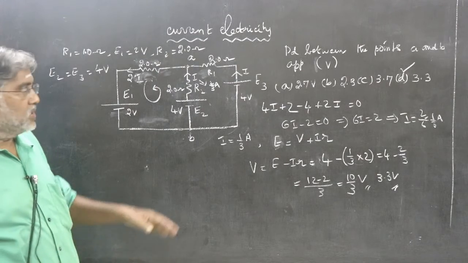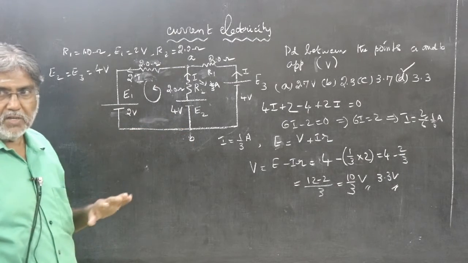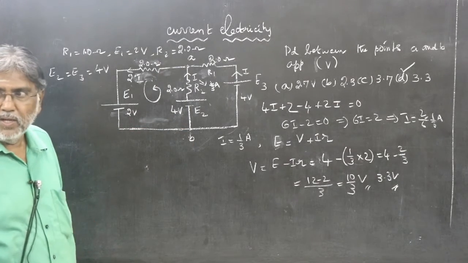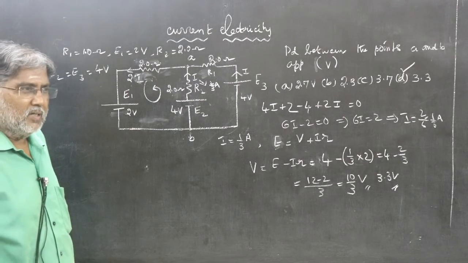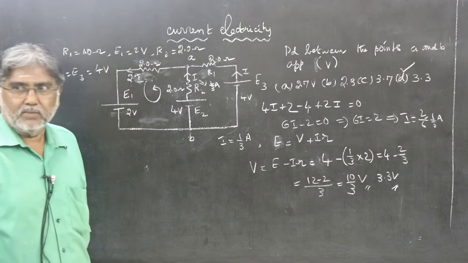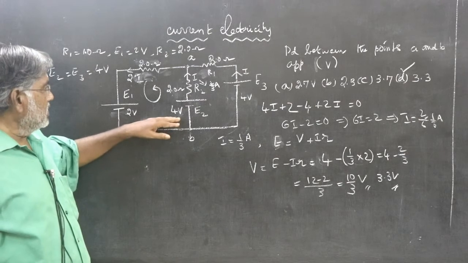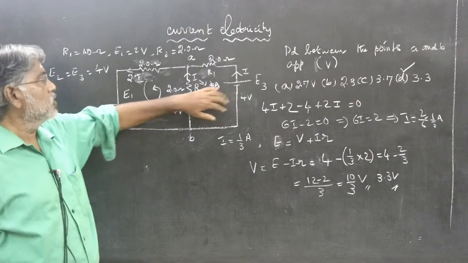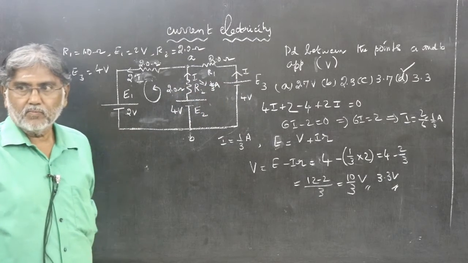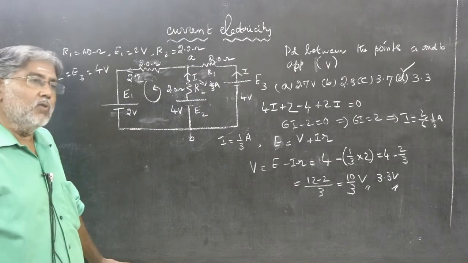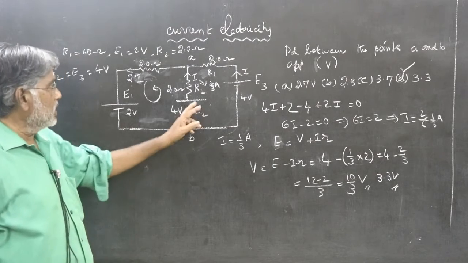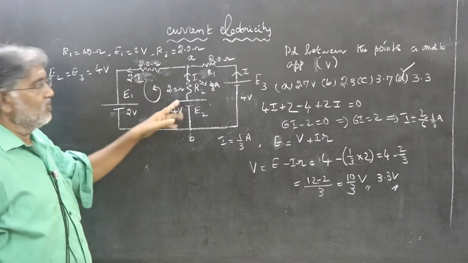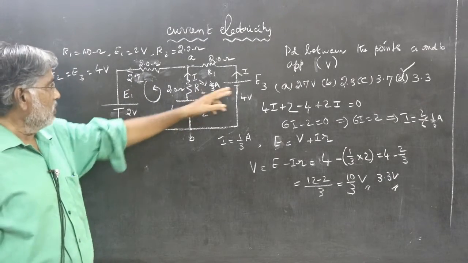See, the problem is simplified. If you are given any problem, you see whether you can use symmetry or whether you can simplify it. So here 4 volt, 2 ohm, 4 volt, 2 ohm. So current should be same. So I and I. Otherwise you will be taking I1, I2 and I3, or I1 and I2, then I1 plus I2, everything will come.